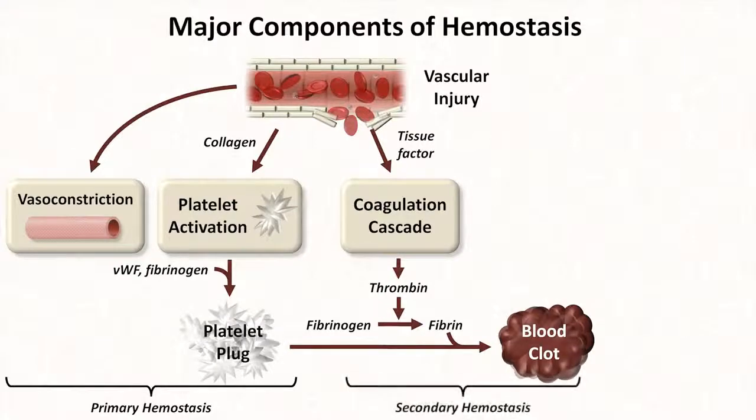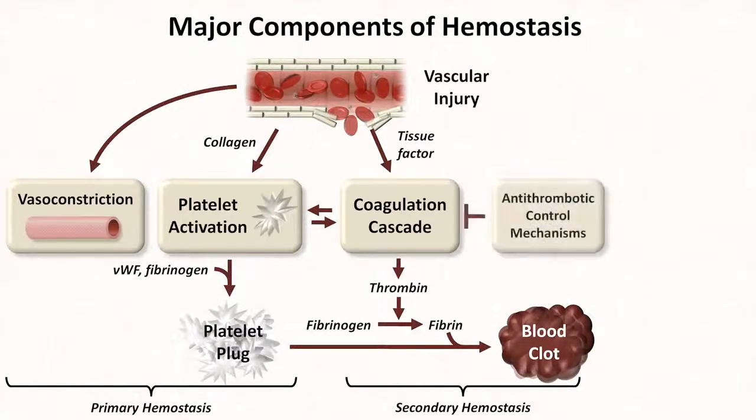This is secondary hemostasis. There are many critical points at which the process of platelet activation and the coagulation cascade rely on one another. In addition, there are important antithrombotic control mechanisms, as mentioned before, which prevent both spontaneous intravascular coagulation as well as runaway coagulation in response to actual injury.